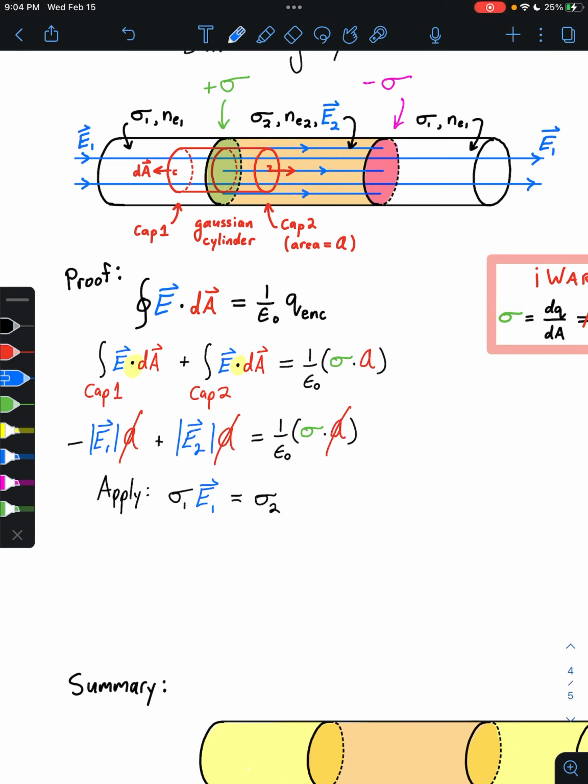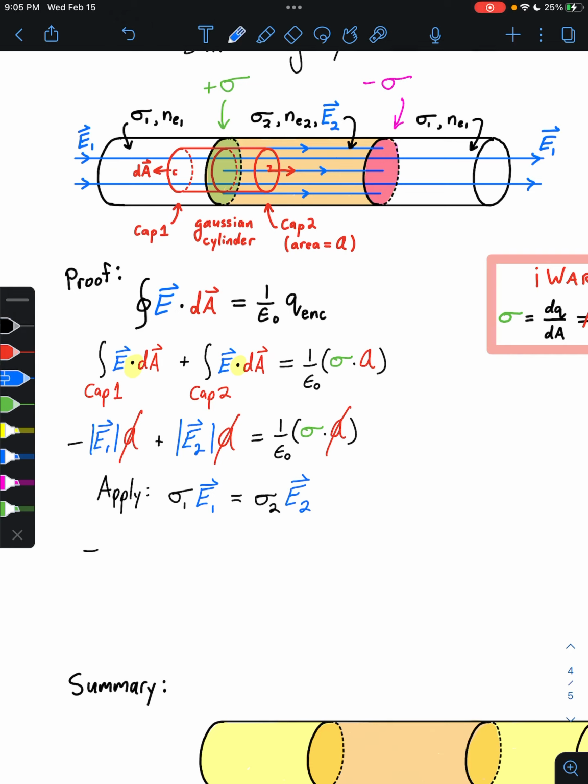And for the current density to be the same in both region 1 and region 2, then by Ohm's law, we must have the conductivity times the field in region 1 equal to the conductivity times the field in region 2. So what I'd like to do is use this expression to replace the field strength E2 with sigma 1 E1 divided by sigma 2.